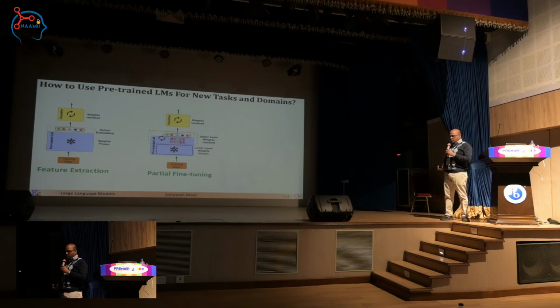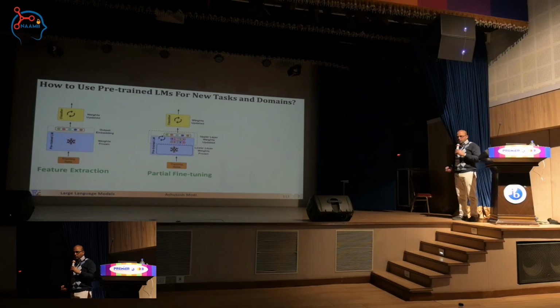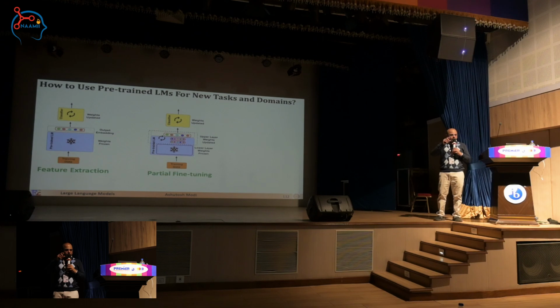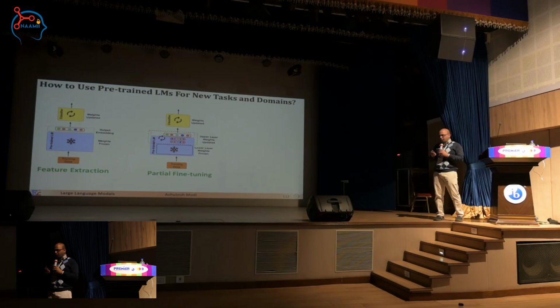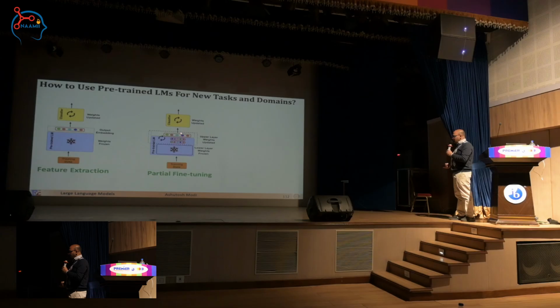The other way is something called partial fine-tuning. My LLM is large, so I will not fine-tune all the weights of the LLM. But I believe that the upper layers of the LLM have more semantic information which will be useful for my task, like some prediction. So I'll take the upper few layers and fine-tune them, and keep the lower layers frozen.